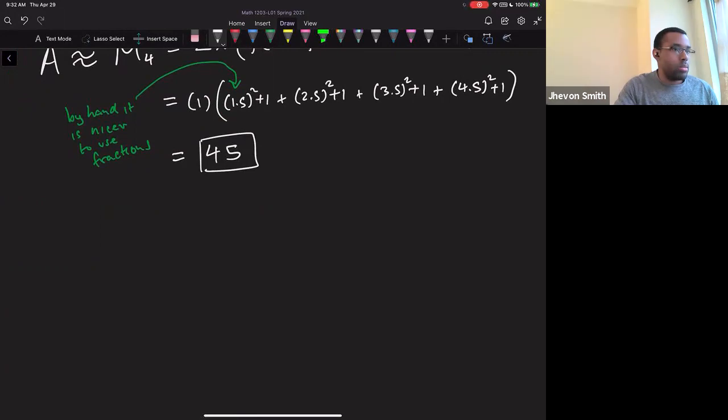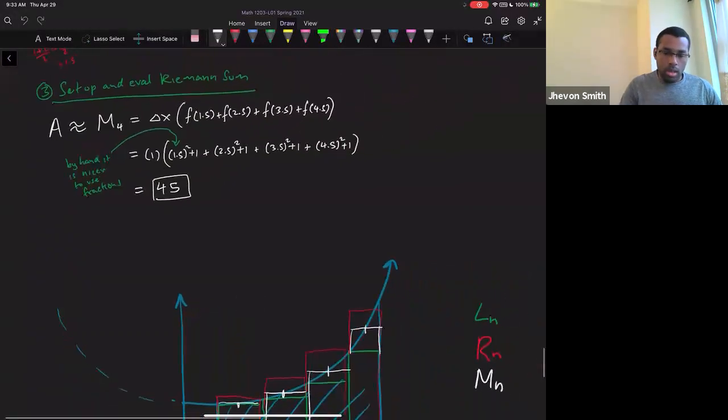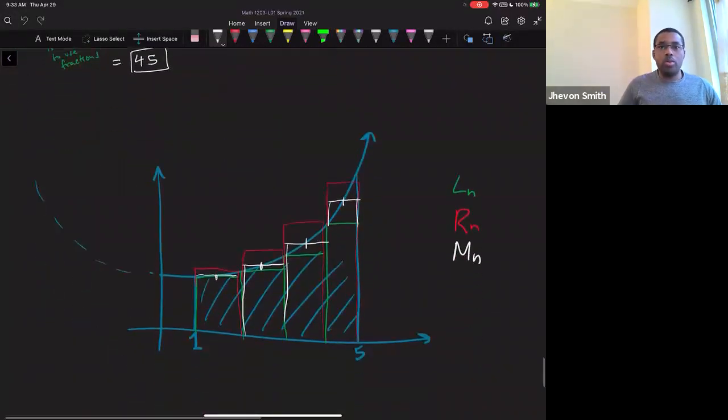Just to kind of give you an idea of what's actually going on here. Let me paste that in. So here's a picture that's describing what happened. So we had our function, which was x squared plus 1.